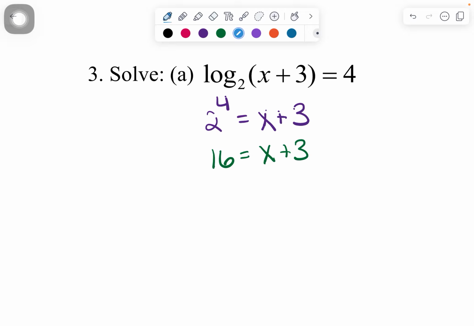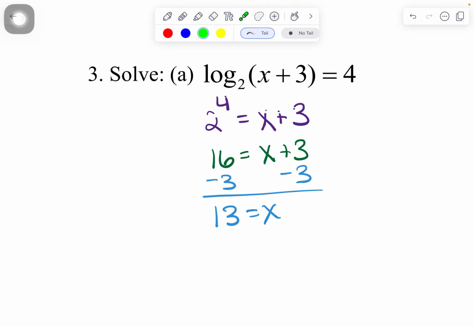All right, good. Let's go ahead and subtract 3 from both sides. So 13 is equal to x, except for one thing. Actually, it's not a small thing. Once we take a look at this answer, we've got a value for x.